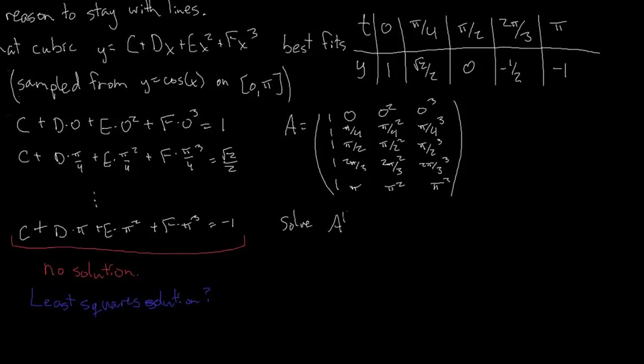Clearly we don't have a correctly sized Vandermonde matrix because it's not square, so it can't be invertible.